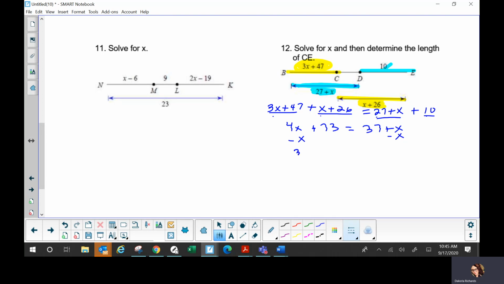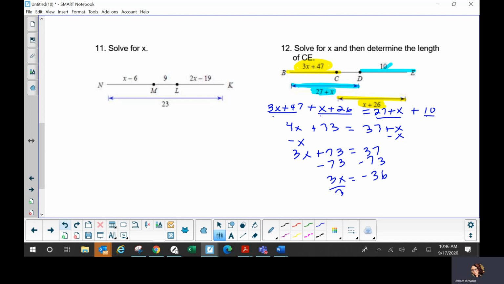We get 3x plus 73. And now subtract 73. What's 37 minus 73? Negative 36.